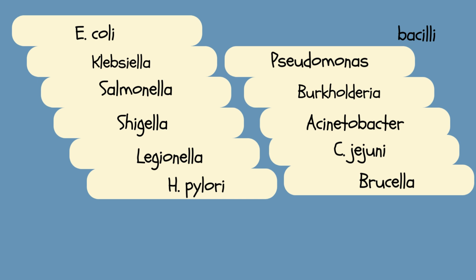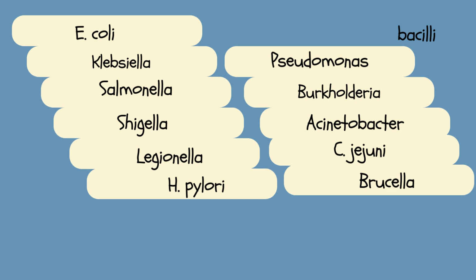E. coli is a usual causative organism for UTI. Klebsiella can cause hospital-acquired pneumonia and hospital-acquired infections. Salmonella can cause typhoid fever. Shigella causes dysentery. Legionella is another cause of atypical pneumonia. H. pylori is causing duodenal and peptic ulcer.